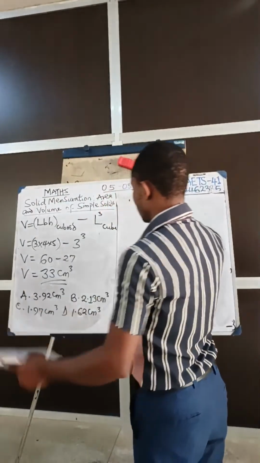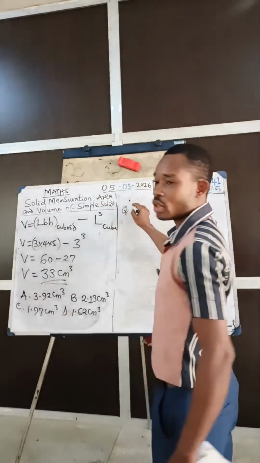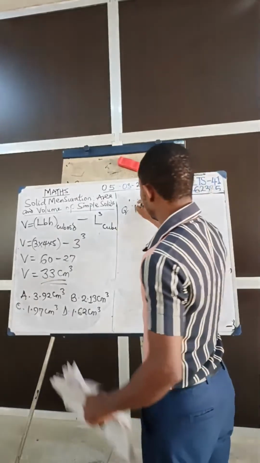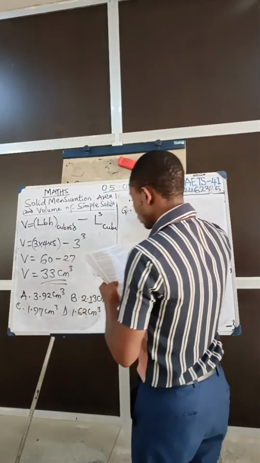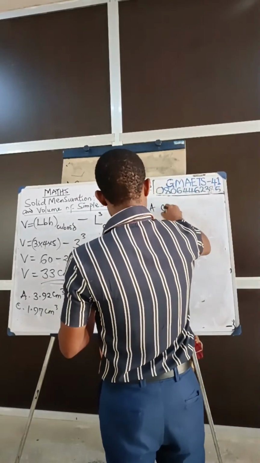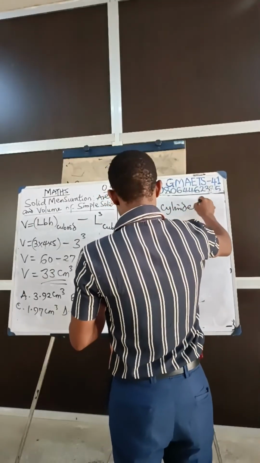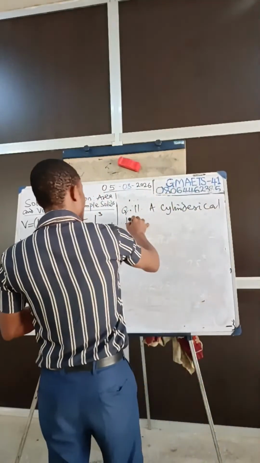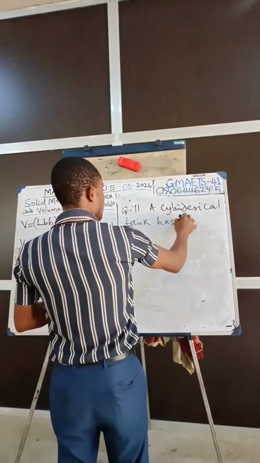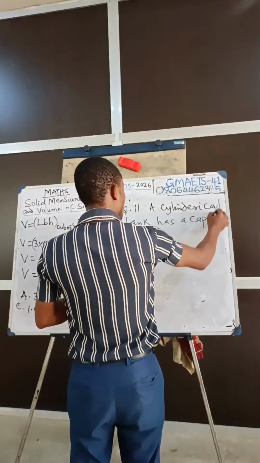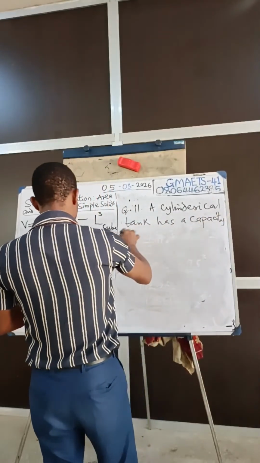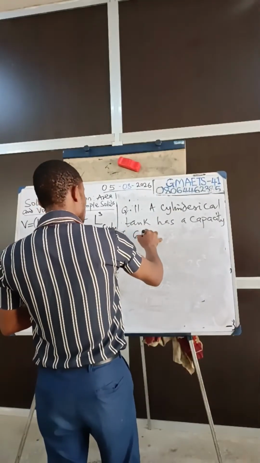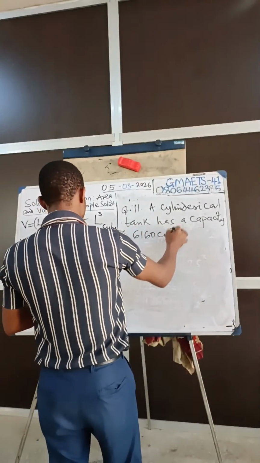The next question, which is question 11: a cylindrical tank has a capacity of, I love this question, 6,160 cubic centimeter.